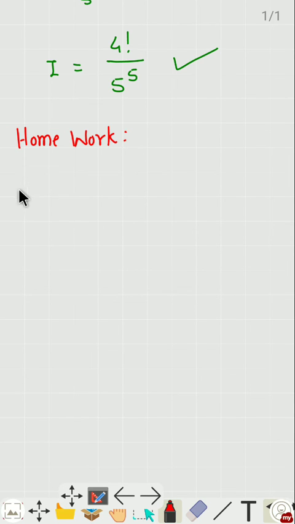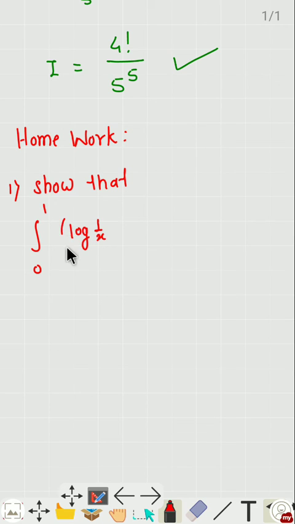The first question is, show that integration over 0 to 1 of log of 1 by x raised to the power n minus 1 dx is equal to gamma n. This is our first question.